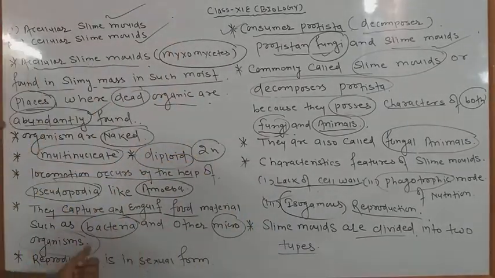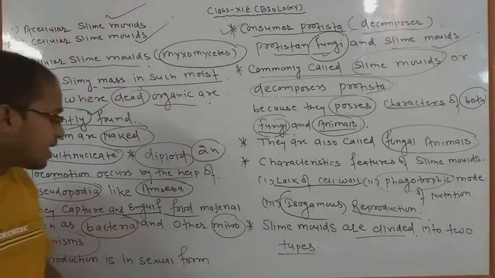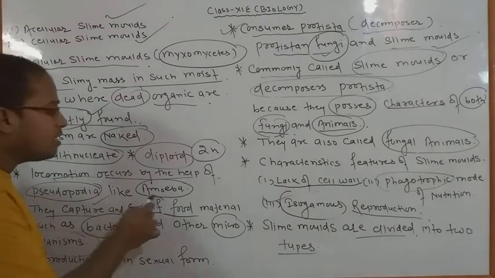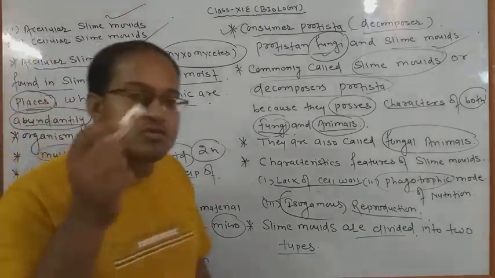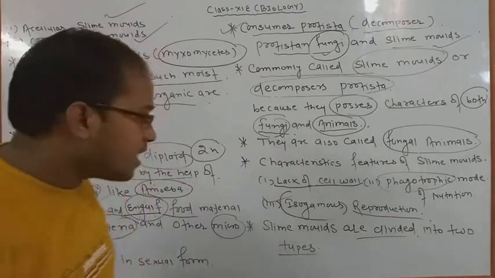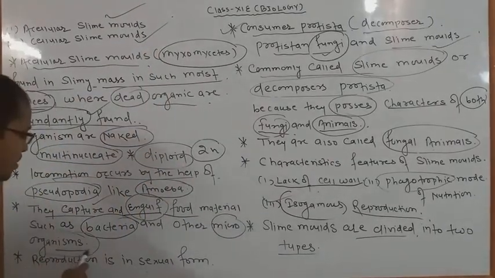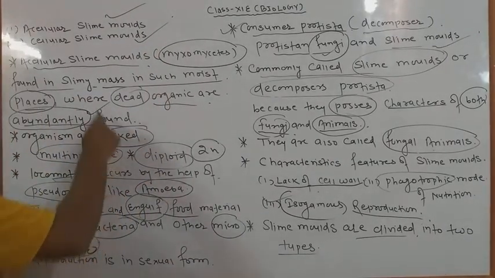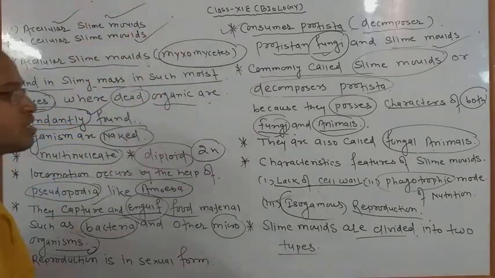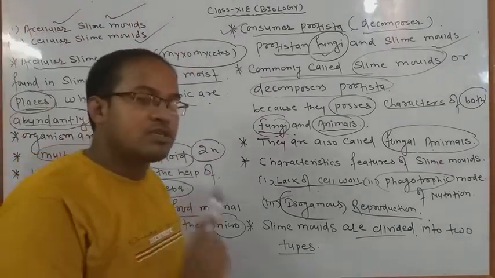And they eat their food by capturing. Capturing मतलब पकड़ना, या engulf मतलब होता है उस चीज को निगल जाना. ठीक है, that is called the food habit which takes place in acellular slime mold. Slime molds जो अपना खाना है वो इस तरह से carry करते हैं.